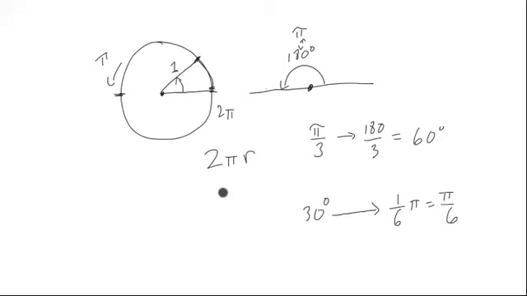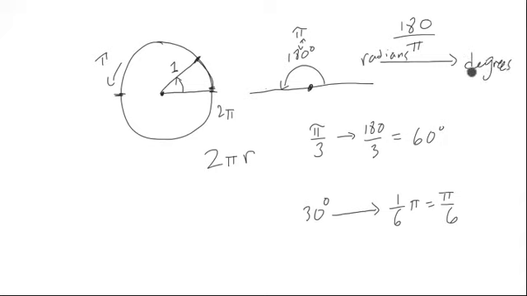In general, let's think about what that means. If we convert this way, then we're getting rid of the pi and tacking on 180. So it's like we're multiplying by 180 over pi as we move from radians to degrees.